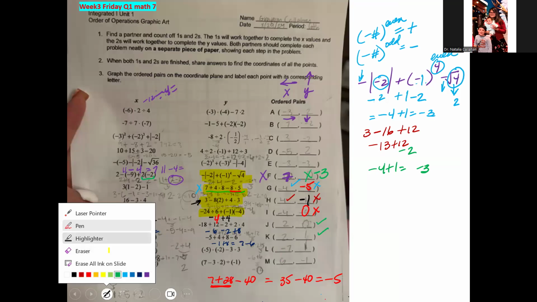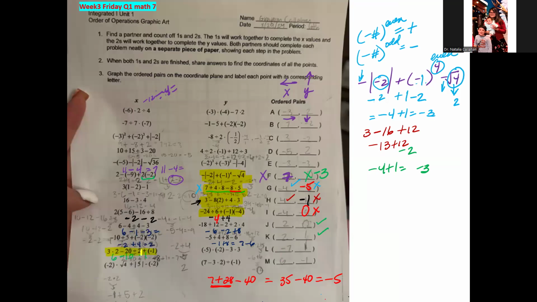So I need you to redo this one here. So for L, the x value for L. I got -5.